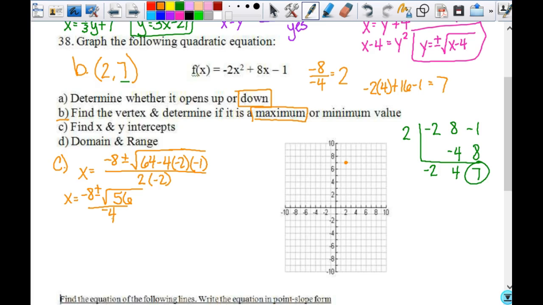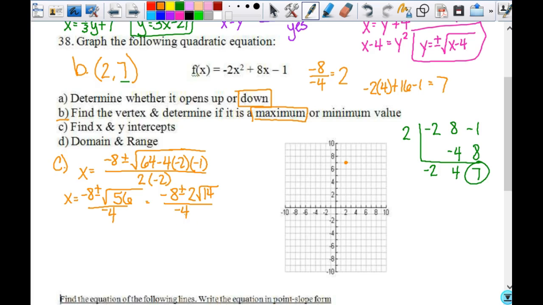So then I want to simplify the square root of 56. So 56 is 4 times 14. And 14 just has a 2 and a 7 in it, so I can take the square root of 4. And that's going to give me negative 8 plus or minus 2 times the square root of 14 over negative 4.